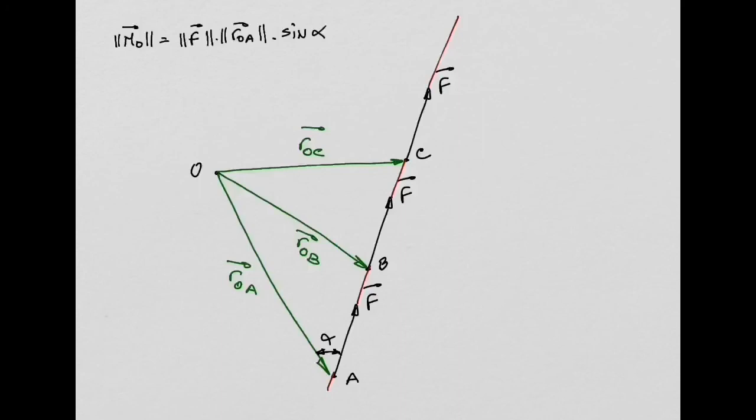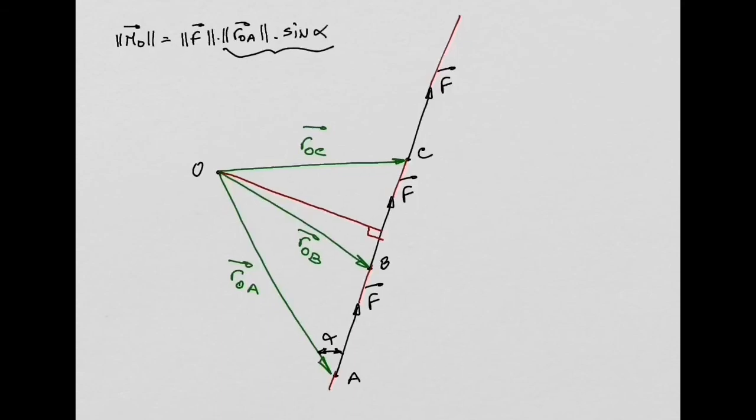Now look at this. ROA sine of alpha, if I draw this, ROA is the hypotenuse. If I multiply the hypotenuse by the sine of alpha, what I will get is this distance in the perpendicular direction to this force, which I will call distance D. Right?